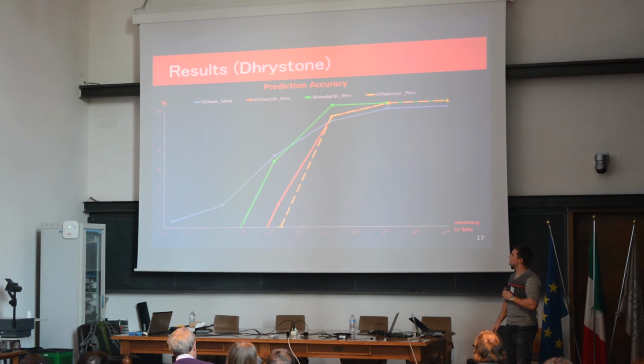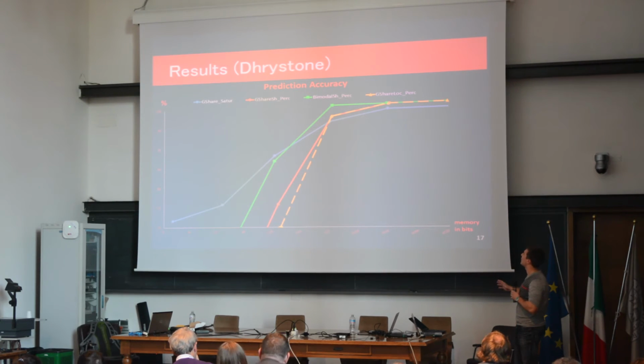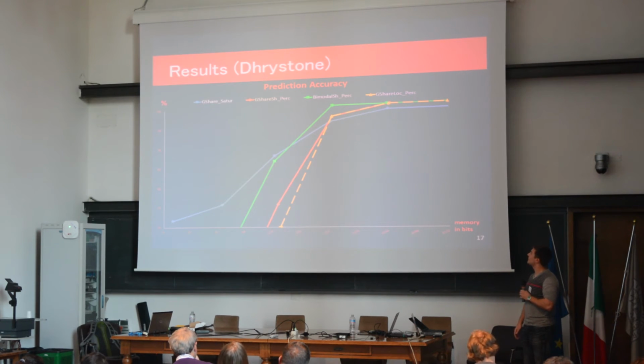Here are results for Dhrystone, but Dhrystone was quite a simple task for the branch predictors, so you can see that they all perform quite well. Perceptron-based predictors are still better than saturating counters and G-share, but they all flatten out around 95% or so, so maybe it's not that important there.